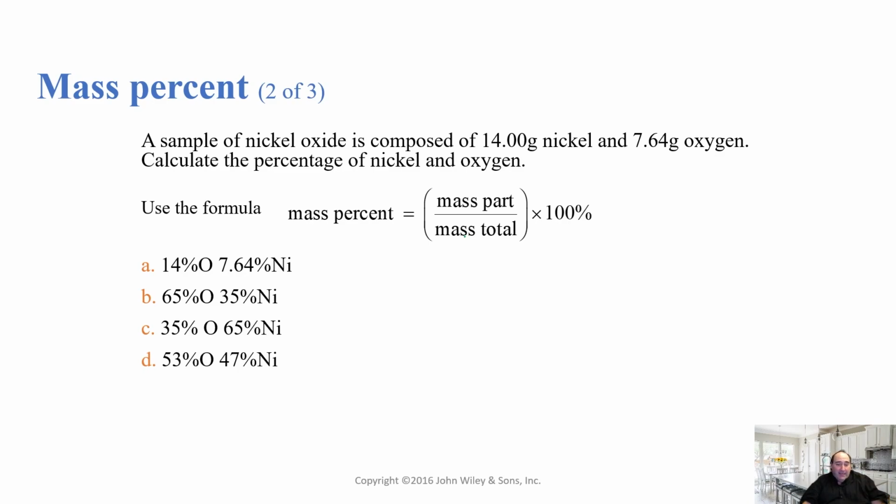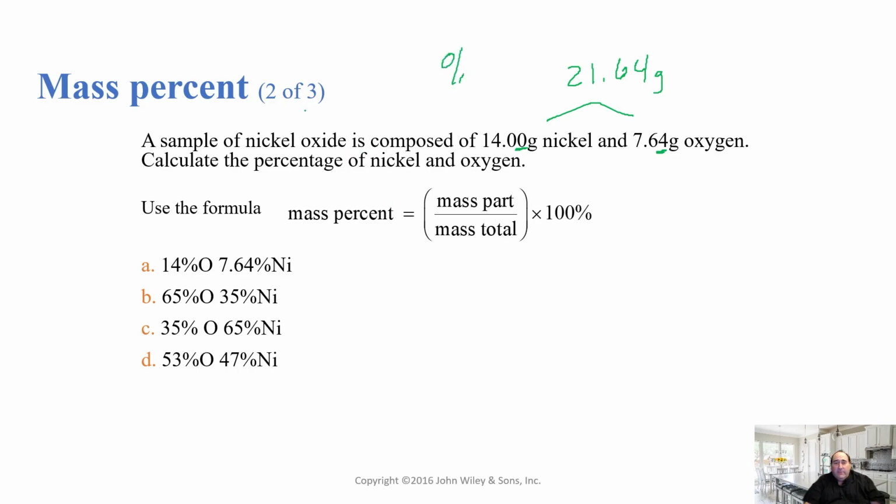So again, here we would add up the total amount, and that would be, in this case, 14 plus 7.64. That's going to give us 21.64 grams. By the way, we're adding here, so 2 decimal places is what we're looking at.